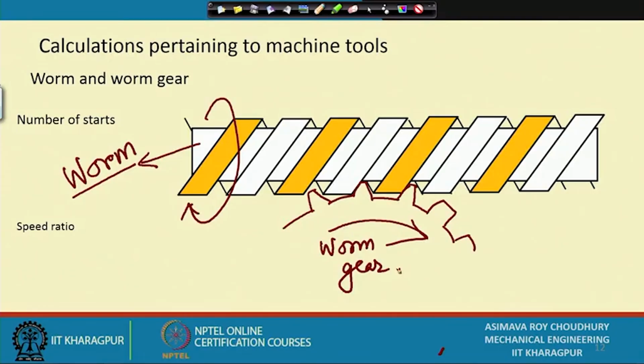What is the speed ratio? The speed ratio of the worm and worm gear is equal to N worm gear divided by the RPM of the worm. Why is it called the worm? Because it looks like an earthworm, that is why.